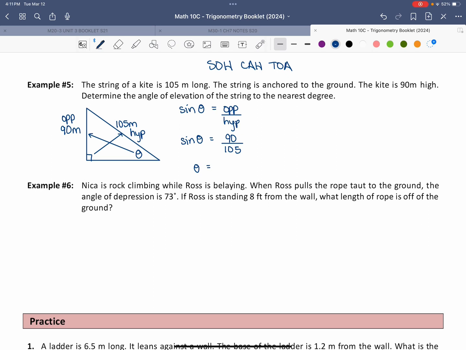Then we take the inverse trig function, sine inverse of both sides, to get theta equals sine inverse of 90 over 105. And then we calculate shift sine bracket 90 divide 105 close bracket equals 58.9972. Round to the nearest degree gives us 59 degrees.